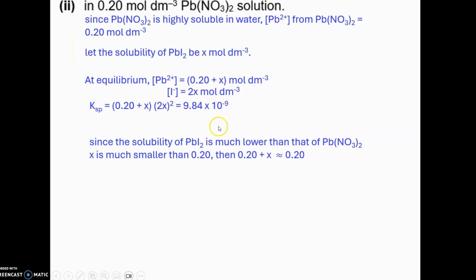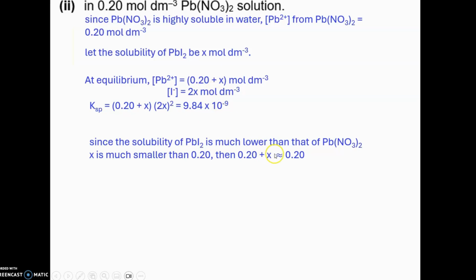So firstly, we've already noted that PbI2 is sparingly soluble, Pb(NO3)2 is much more soluble than that. So of the Pb2+ ion concentration in this solution, which is 0.20 + x, the 0.20 will make up the vast majority of the Pb2+ ions in the solution because x is very, very much smaller than 0.2.